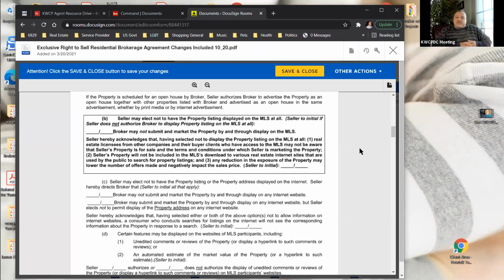It's not a good sales strategy, and it could very well be a fair housing violation, if you're making a judgment based on what somebody says and then discouraging them from being able to see the property. Especially in DC, there are rules about that.